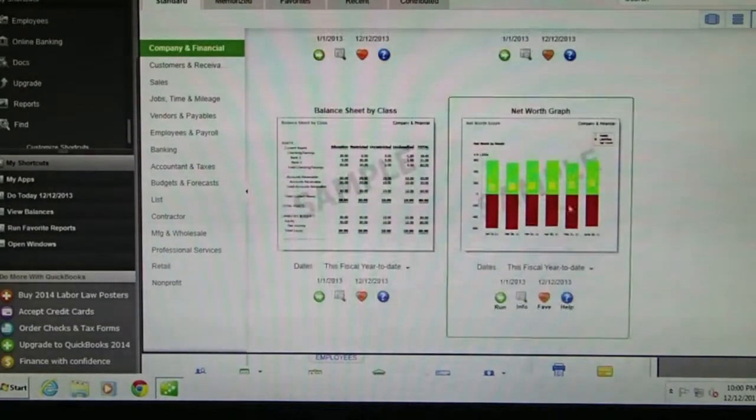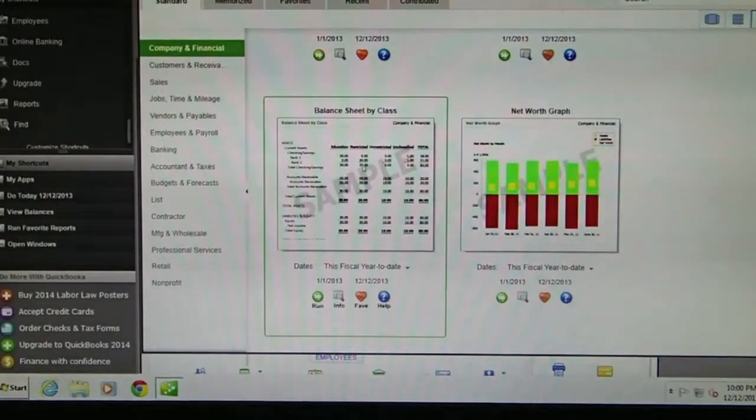Here we have, which I want to get to, a net worth graph. That's going to be a net worth, and it's going to be by month or by quarter, and we can set that range. And then by year, the net worth graph, so you can have a snapshot of what your net worth is, and that is driven by your balance sheet.